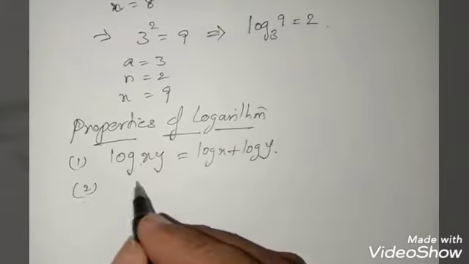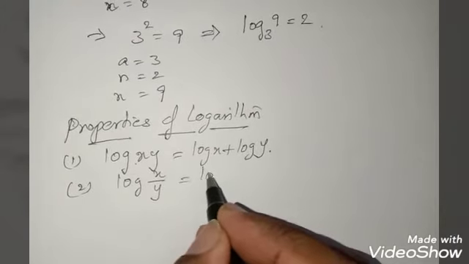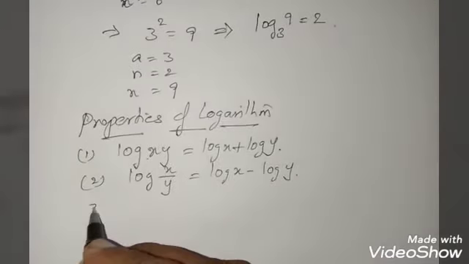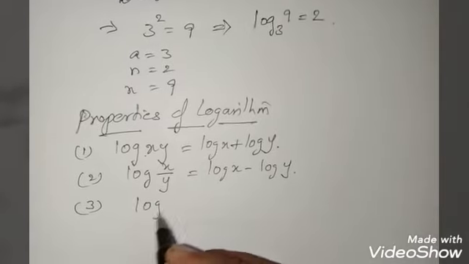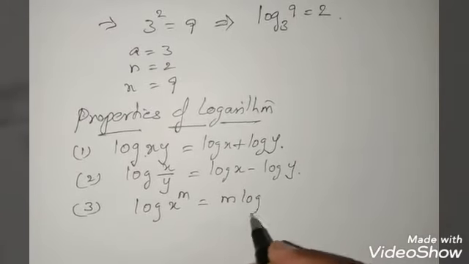Now the second property, log x by y, we can write as log x minus log y. Next, the third property is log x to the power of m, we can write as m log x.